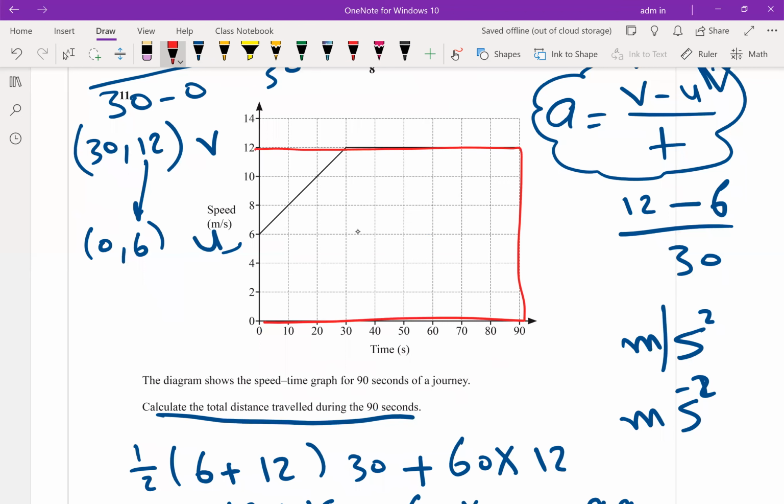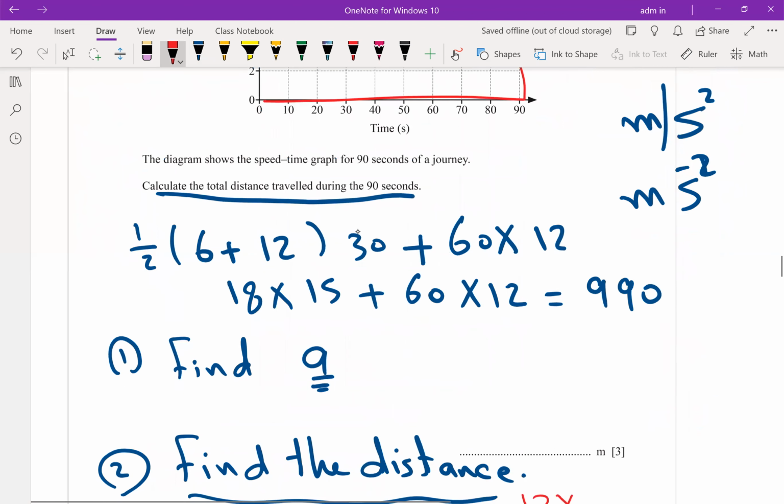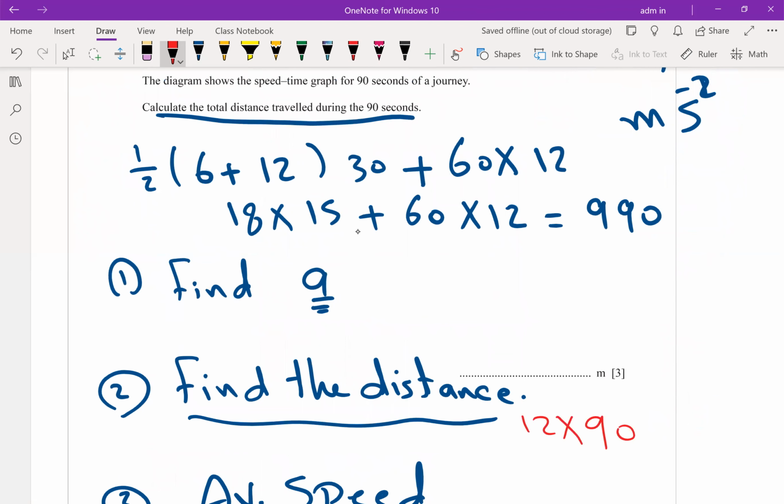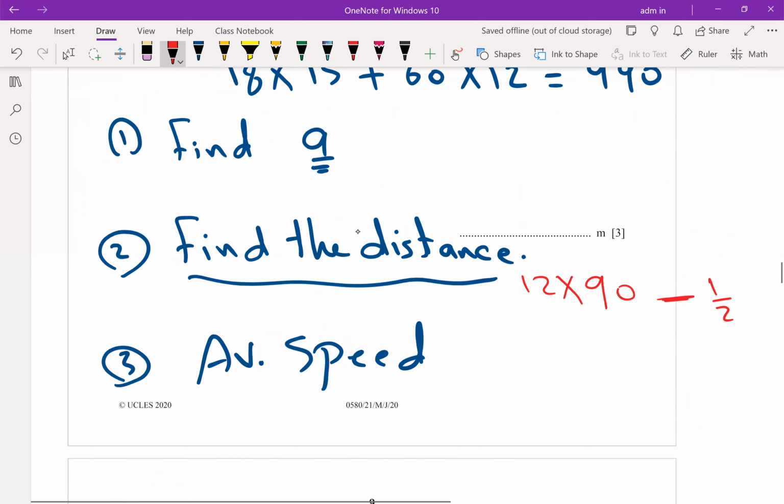Area of the rectangle is length by width, 12 multiplied by 90, minus the area of the triangle, which is a right-angled triangle, half base times height. The base is 30 and the height from 6 to 12 is 6, so the answer will be half times 30 times 6. Simplify your answer.